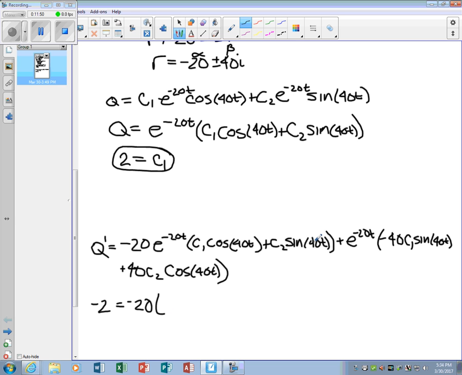Sine of 0 is 0. Cosine of 0 is 1, so this is C1. And then this is going to just be 1 right here, plus 1 times, this is going to be 0, and this is going to be 1 over here, but this is 40 C2.